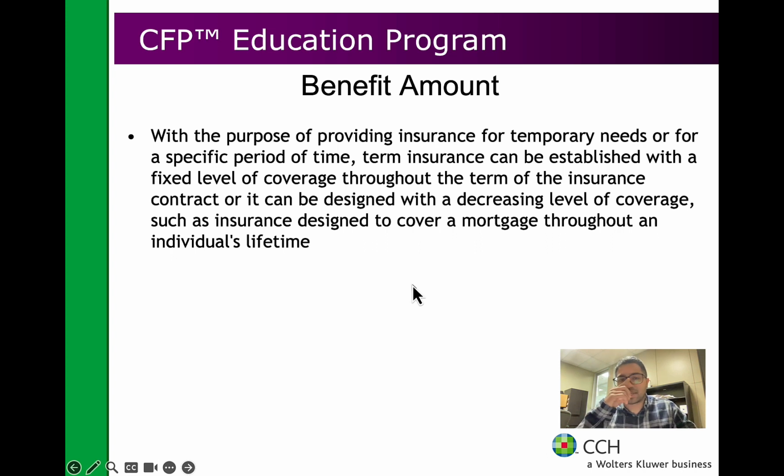So you can have the same amount for the entire duration of the term. Let's say you buy a 10-year insurance with $1 million as the benefit amount. So $1 million will be paid throughout the term. Or you can have a term insurance in which the benefit amount goes lower as you age.